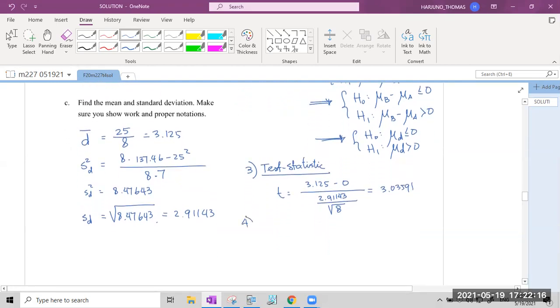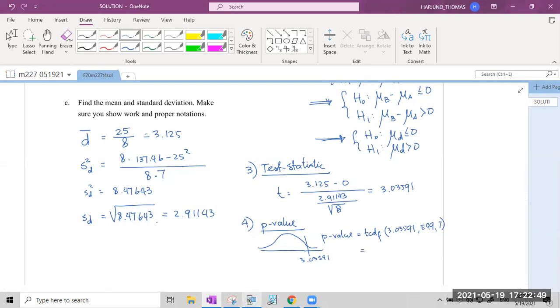Okay, step 4, P value. That's the T distribution. The test statistic is 3.03591. So the P value is tcdf of 3.03591 with degrees of freedom 7.